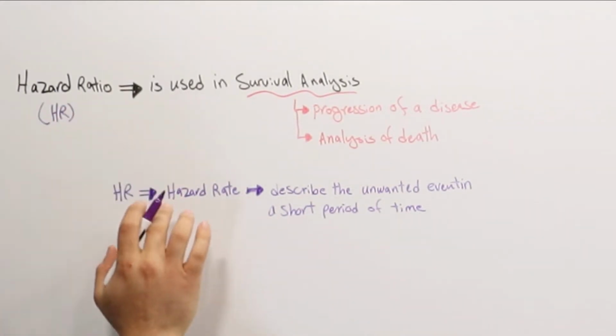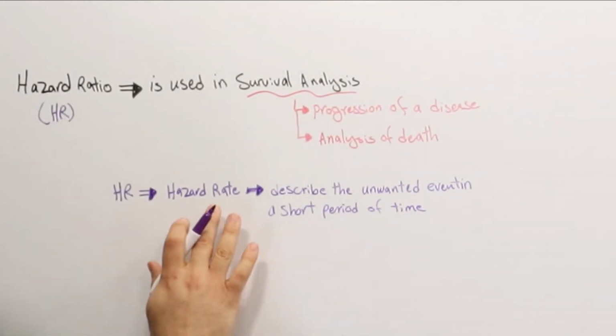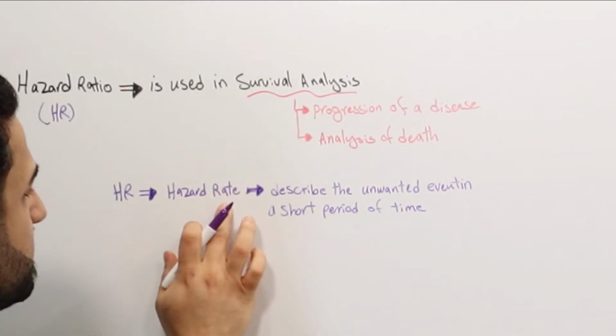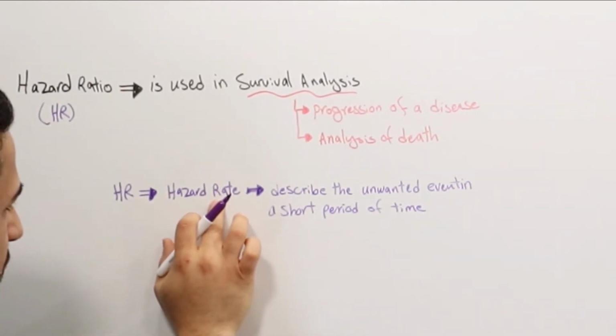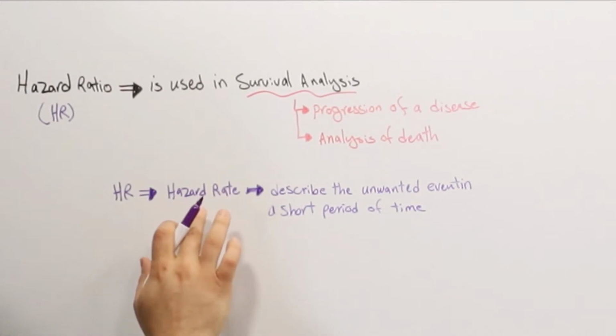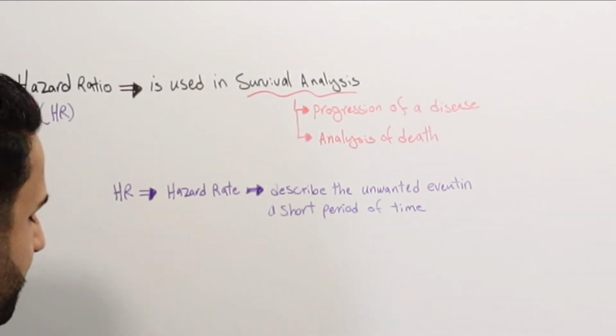So to calculate the hazard ratio, we need to calculate the hazard rate in the treatment group, dividing that over the hazard rate in the control group.